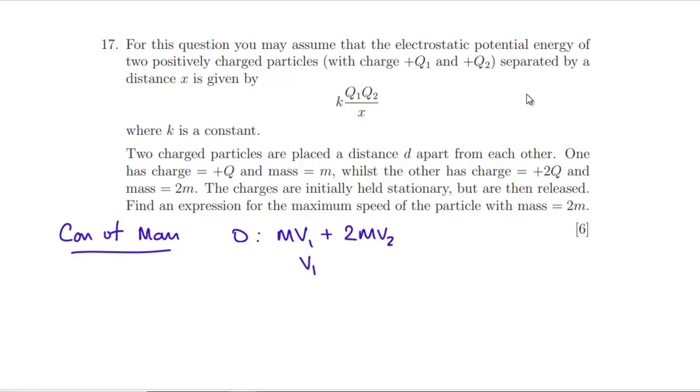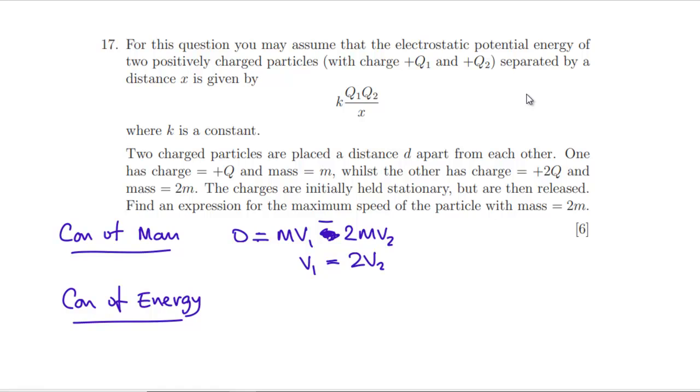So we can say v1 is equal to, oh no, these are in opposite directions. What am I doing? So that's going to be a minus because they're repelling each other. And we can say that 0 is equal to those. So v1 is going to be equal to 2v2. So the lighter particle is going to move away faster than the heavier particle.